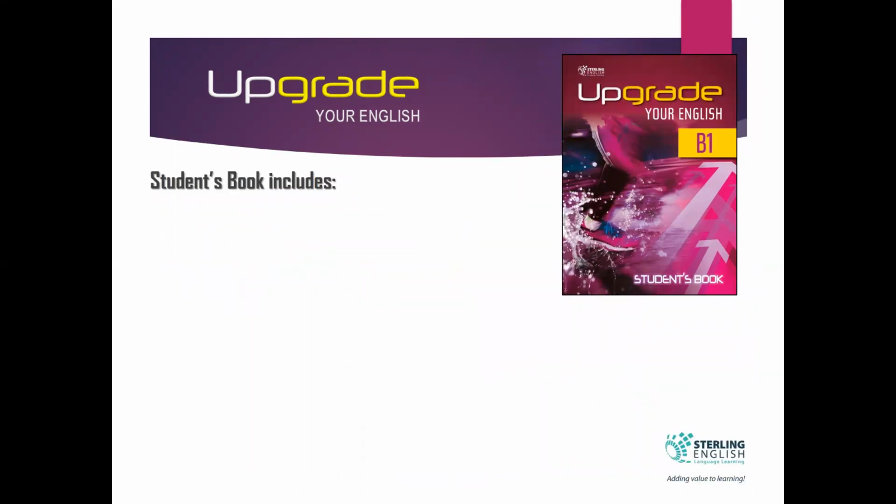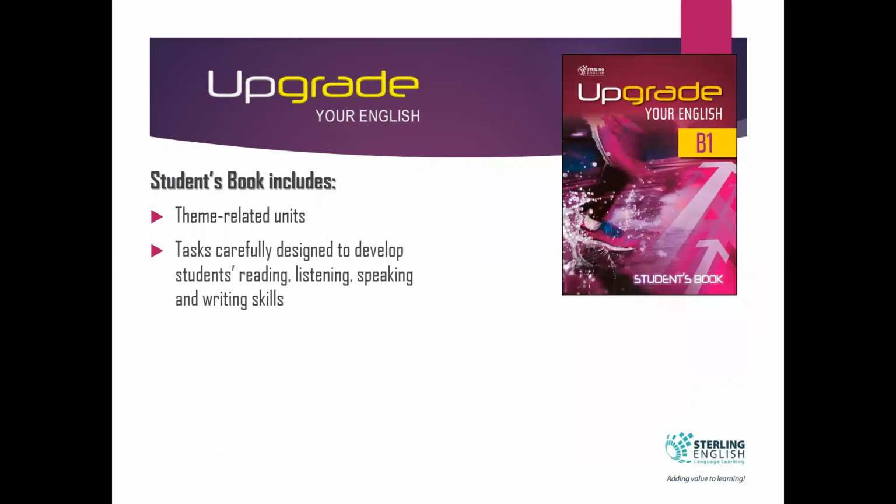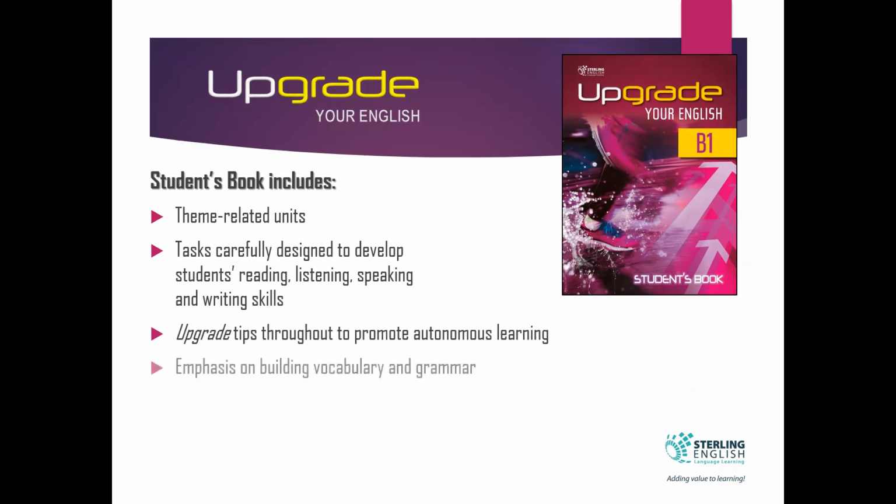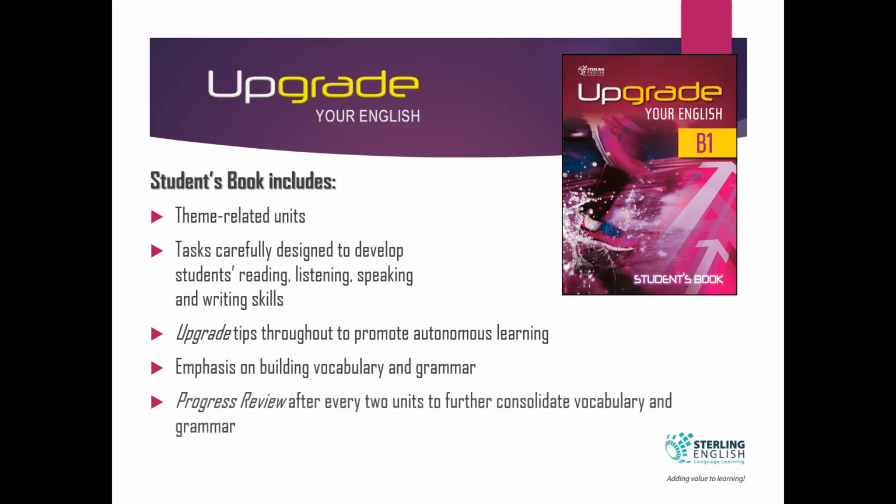The student's book includes theme-related units, tasks that are carefully designed to develop students' reading, listening, speaking, and writing skills, upgrade tips throughout to promote autonomous learning, emphasis is placed on building vocabulary and grammar, and there is a progress review after every 2 units to further consolidate vocabulary and grammar.